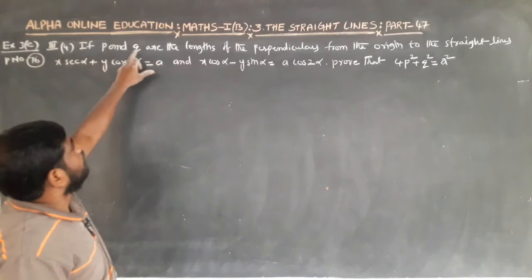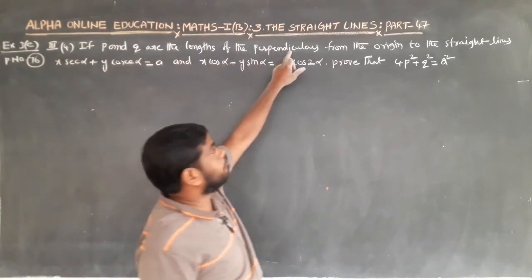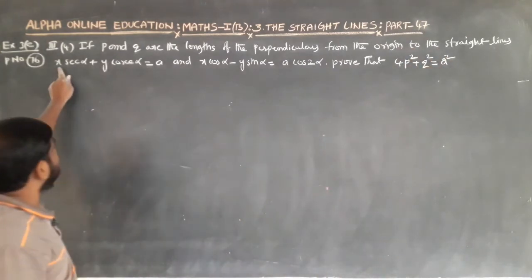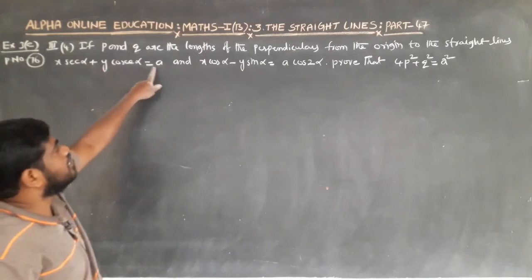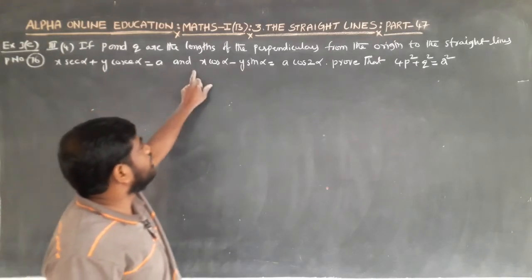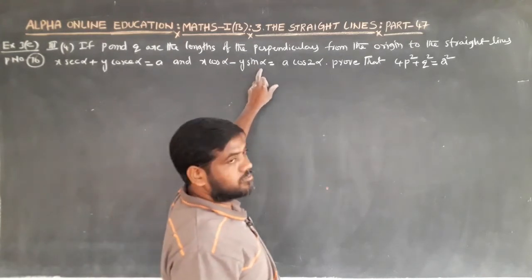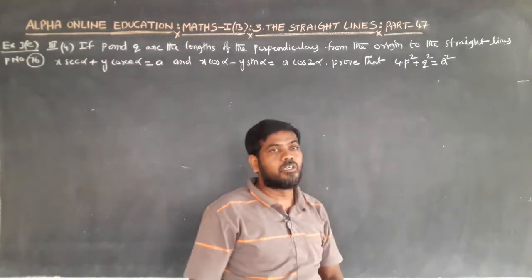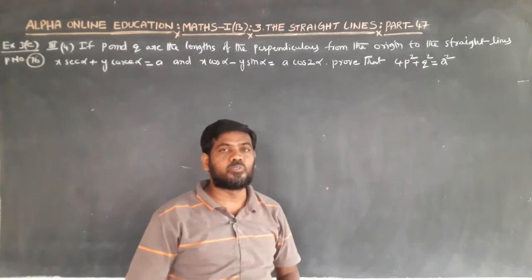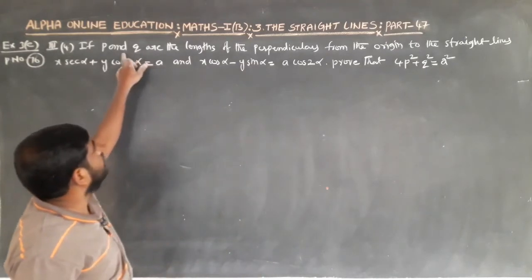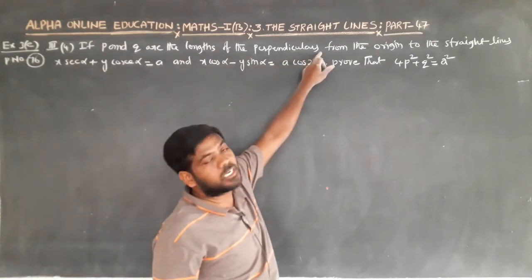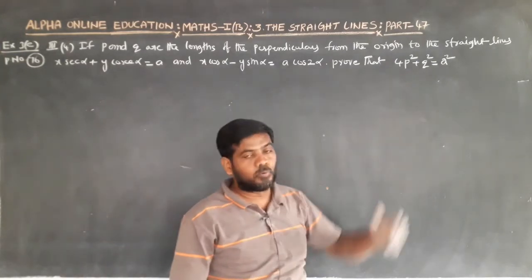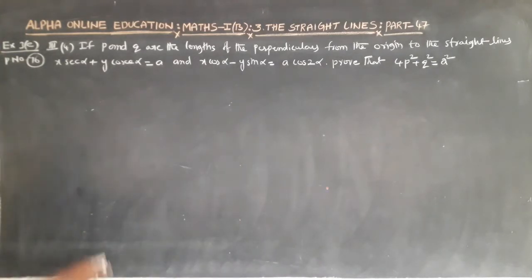If p and q are the lengths of the perpendiculars from the origin to the straight lines x secant alpha + y cosecant alpha = a and x cos alpha - y sin alpha = a cos 2 alpha, then prove that 4p² + q² = a².